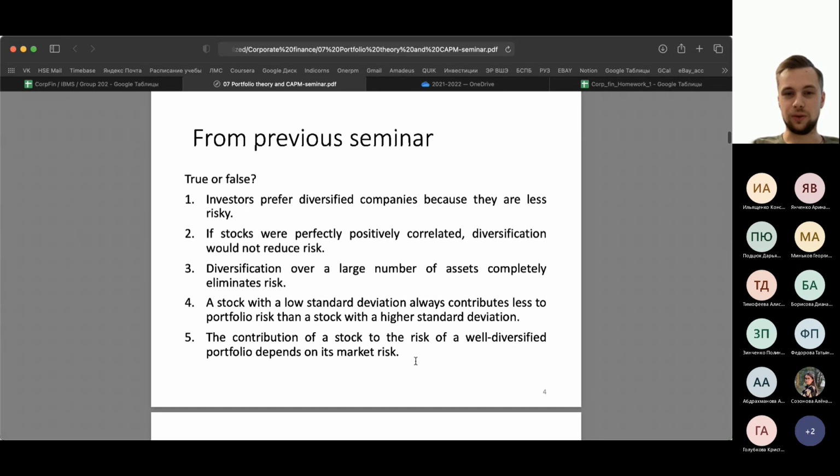Okay. A stock with low standard deviation always contributes less to the portfolio risk than a stock with a higher standard deviation. Aygul, what do you think about it? I think this is false.